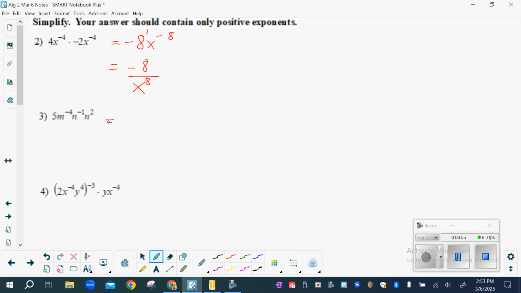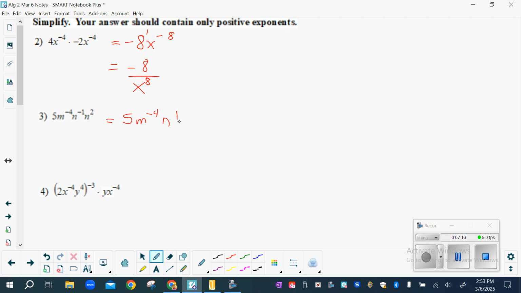Do we add, subtract, or multiply the exponents? You add them. So it would be 5, no other m, so m to the -4th and n to the 1. -1 plus 2 is 1.